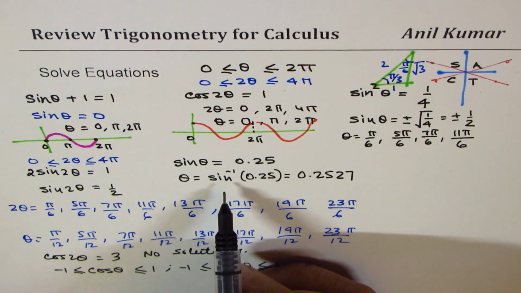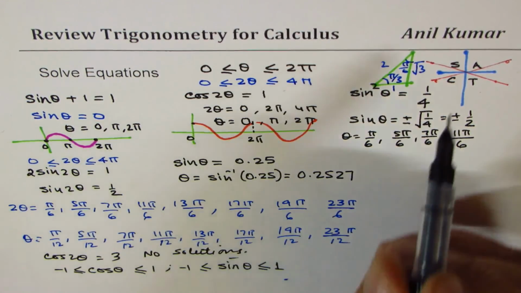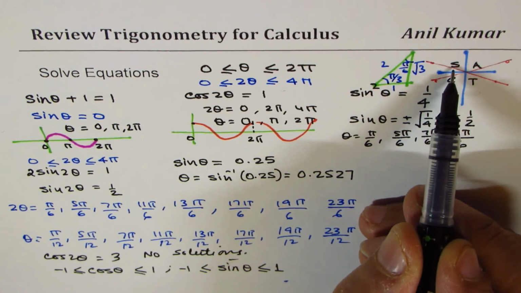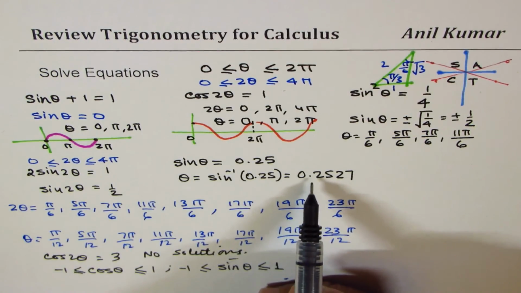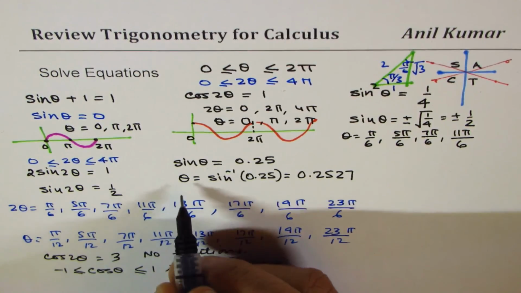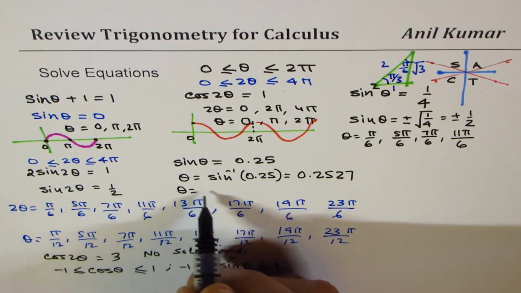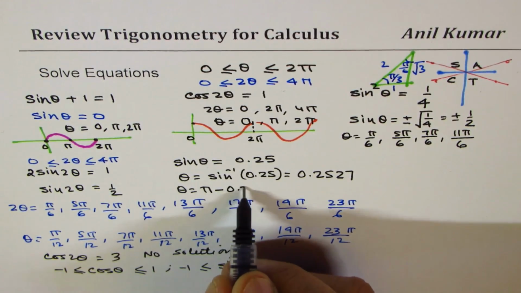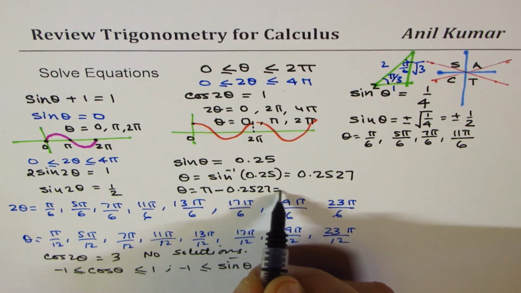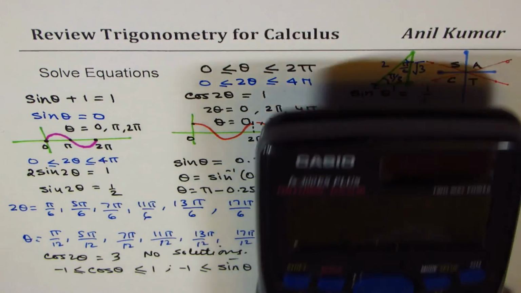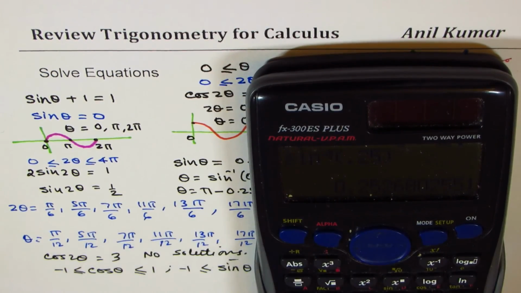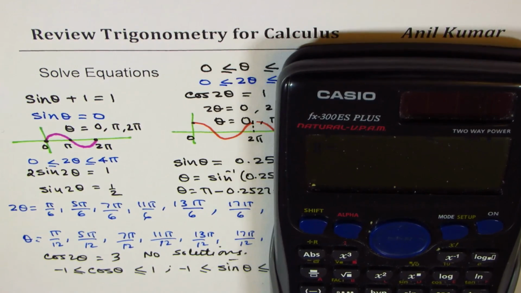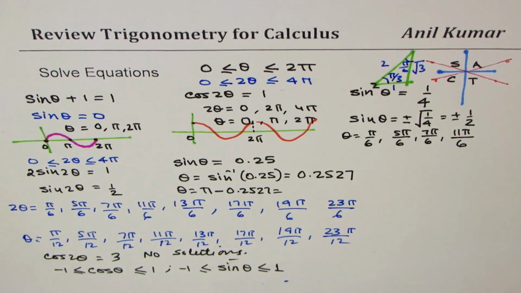As you have seen, sine is positive in quadrant 1 and in quadrant 2. So there should be another answer also. The other answer will be theta equals pi minus whatever you got, which is 0.2527, correct? So it is pi minus 0.2527, which is equal to 2.888.